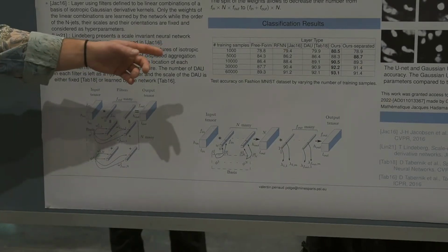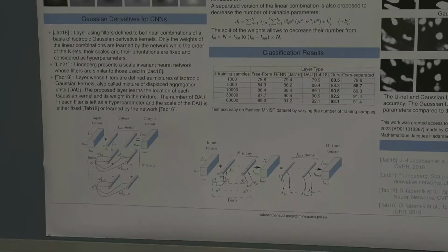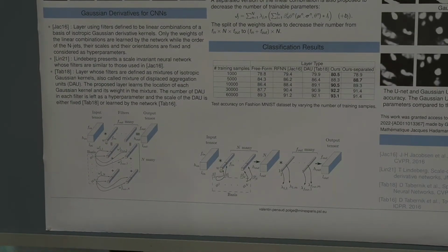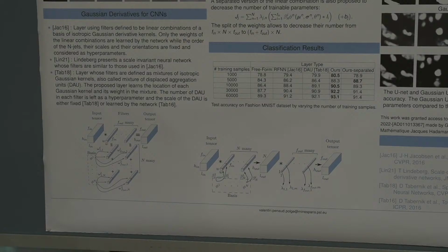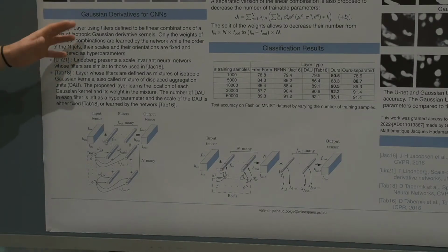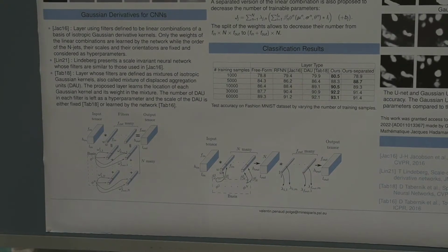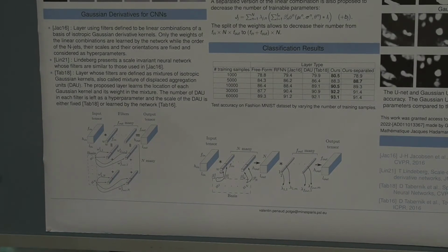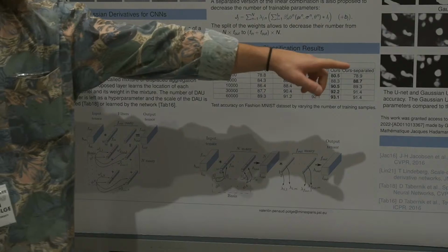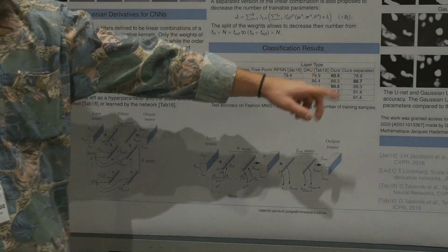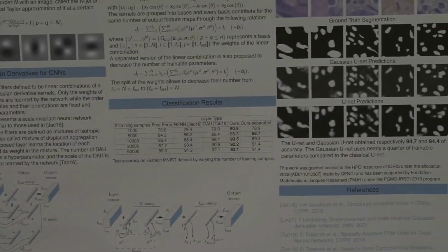A classification one, where we showed that we had competitive results with other close approaches. And we also did a segmentation task where we used a classical U-Net and a U-Net using our proposed layer. And we obtained comparable performances, but we only used a quarter of the trainable parameters.